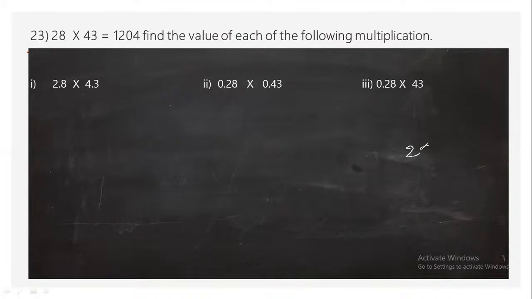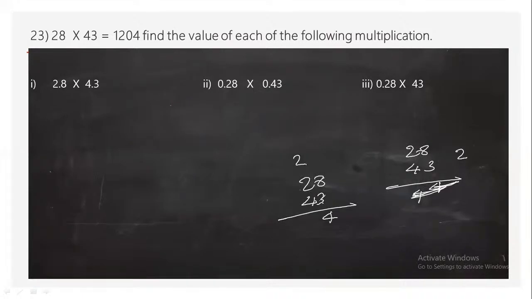Again, I will check. 3 times 8, 24, 2 remaining. 2 times 3, 6 and 2, 8. 4 times 8, 32, 3 remaining. 4 times 2, 8 and 3, 11, 1 remaining.